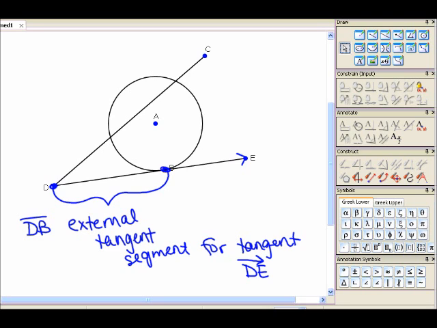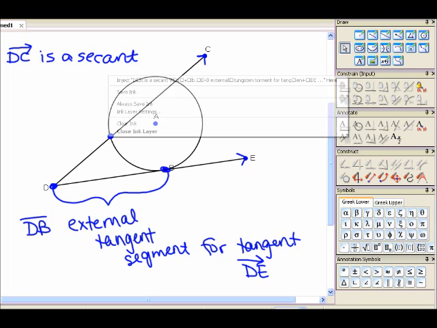Okay, up here we have DC. We'll call that a ray also. So ray DC is a secant, which we already knew. What we're interested in, though, is a new term.